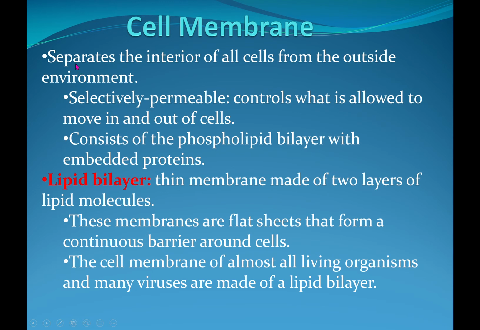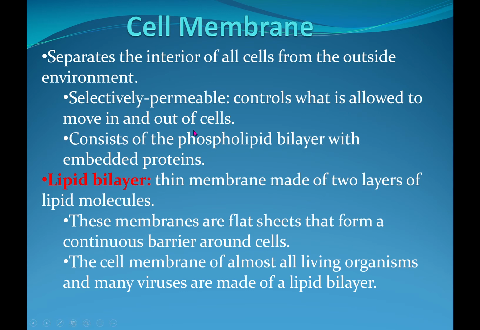The cell membrane also separates the inside from the outside. It's a protective covering. Selectively permeable means it controls what's allowed to move in and out of the cell. So if something is too big, it can't fit through the pores, it can't be allowed in. And vice versa, it can't be allowed out either if it's too big.